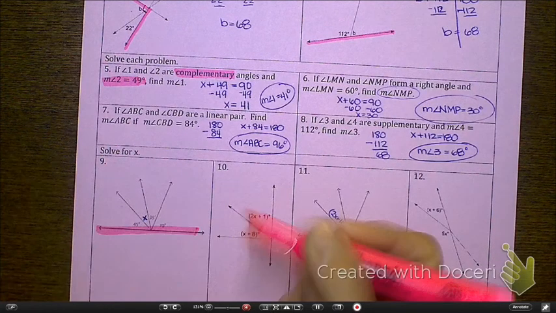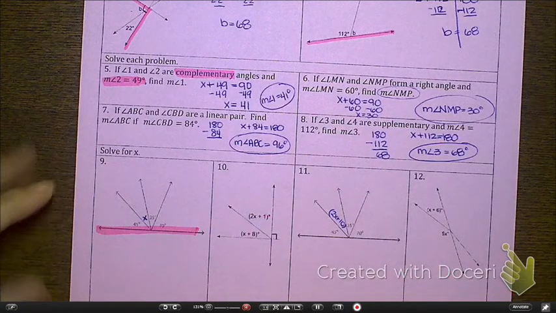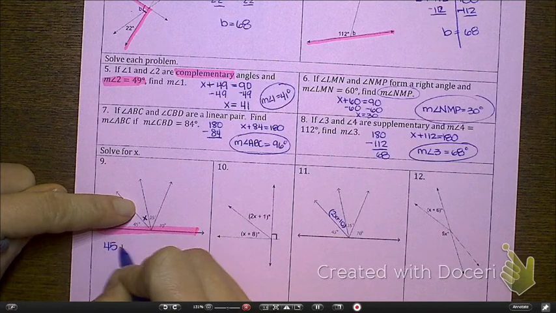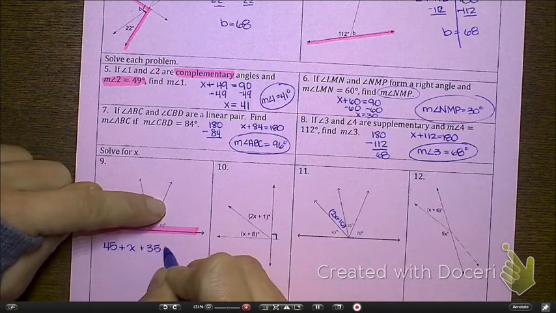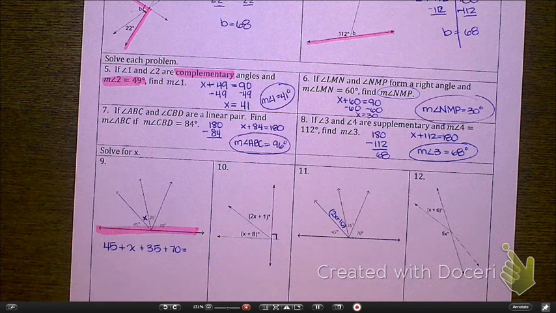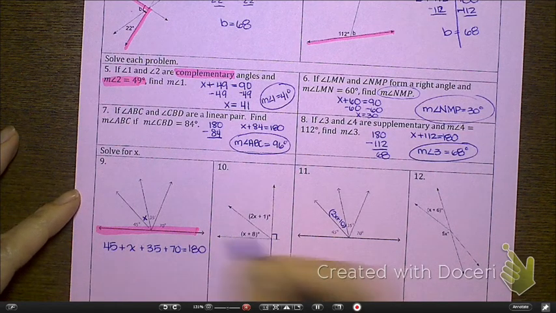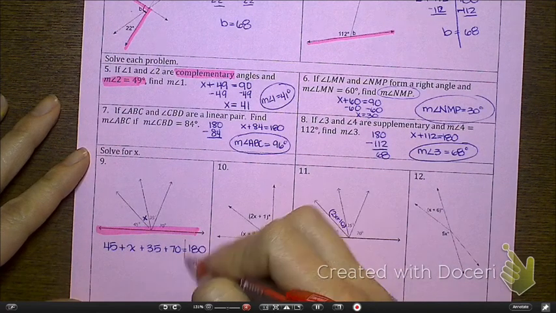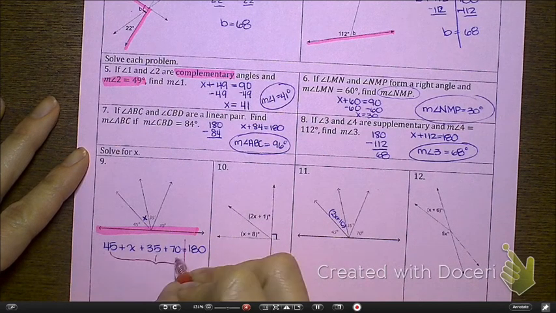So since all of these are adding up to 180, let's set up an equation to help me solve this. I'm going to add 45 plus x plus 35 plus 70. It's a lot of numbers. Now, what did they all add up to? Because they made a straight angle, 180. So now let's go ahead and solve that. Let's start out by combining the like terms.